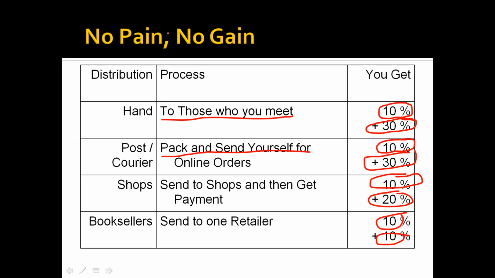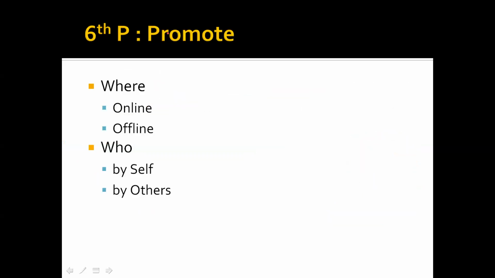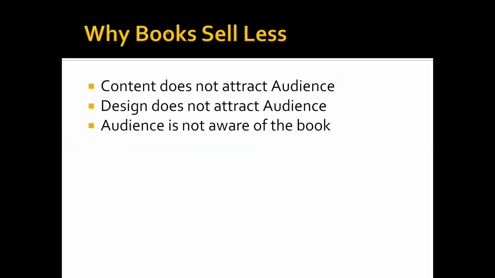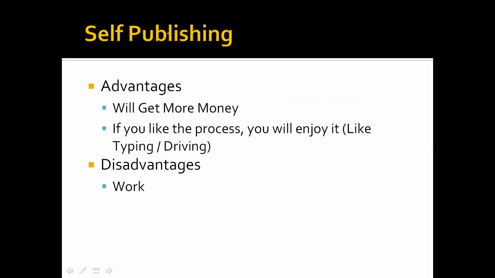Now, how do you decide what work you are going to do and what work you are not going to do? Very, very simple: whatever process you really enjoy doing, you do that work.